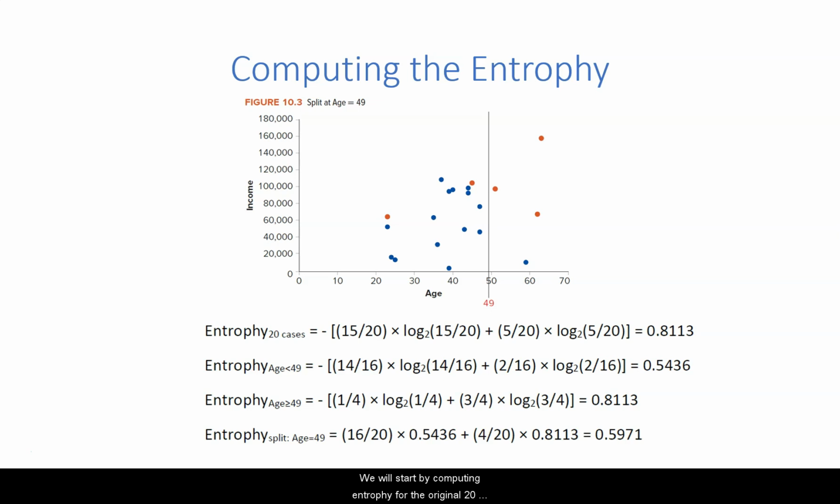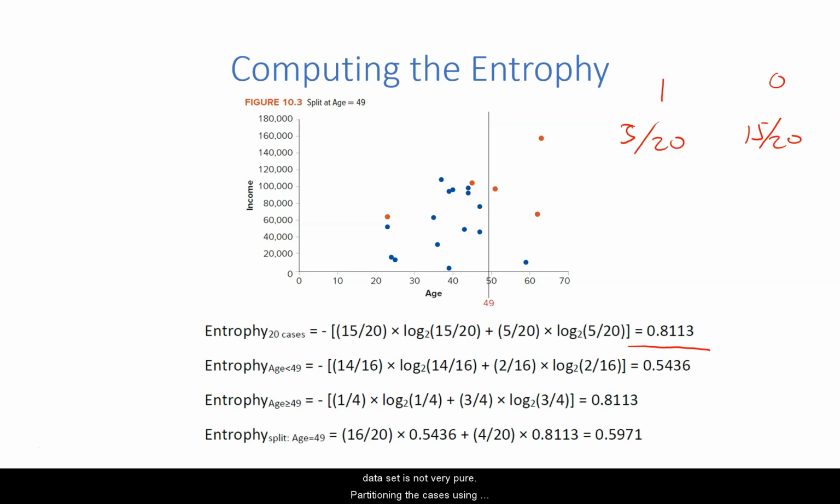The class distribution for the original 20 cases are 5 out of 20 for class 1 and 15 out of 20 for class 0. So the entropy value for the dataset is computed to be 0.8113. As it is quite close to 1, it suggests that the original dataset is not very pure.